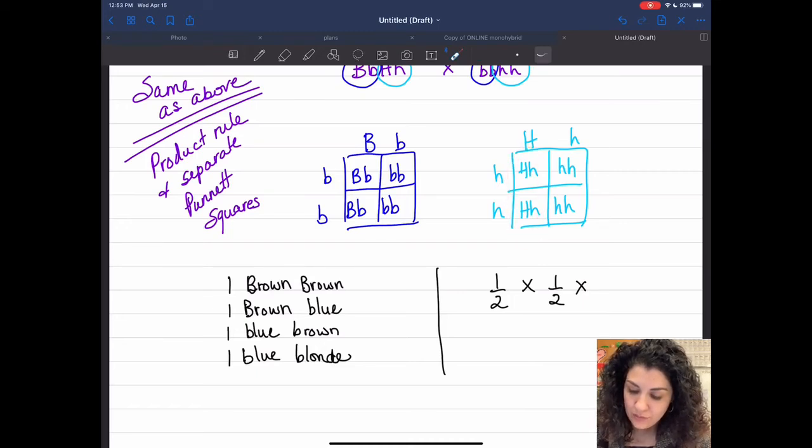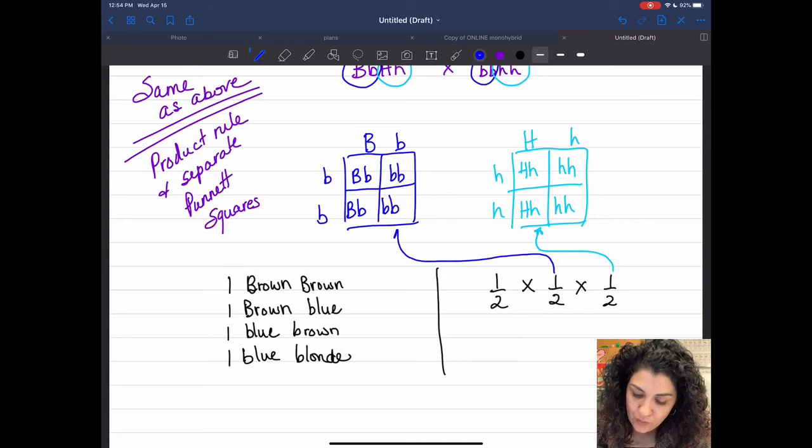That's a half. So I'm also going to put that half there. This half is for this, this half is for that, and this half is for being a girl.